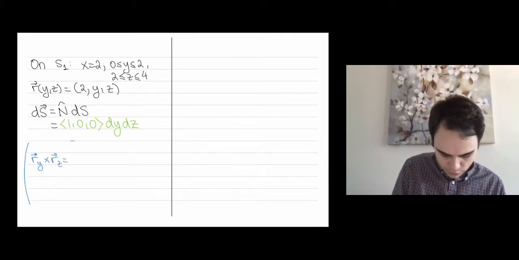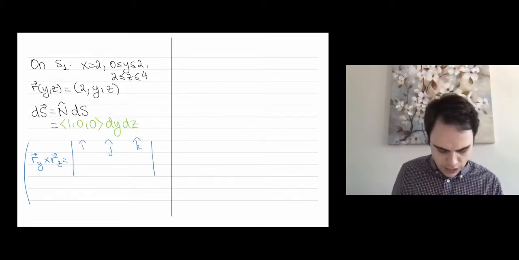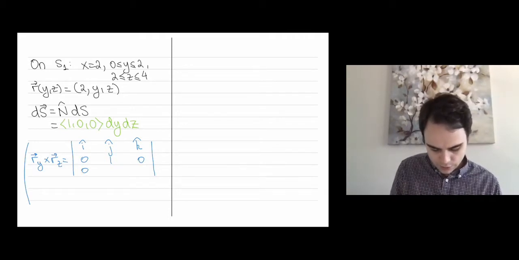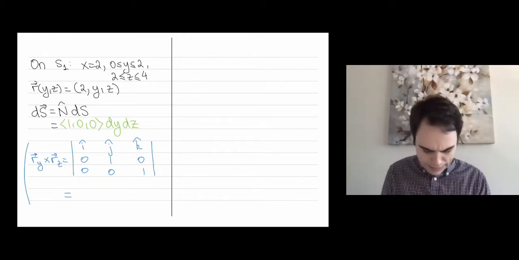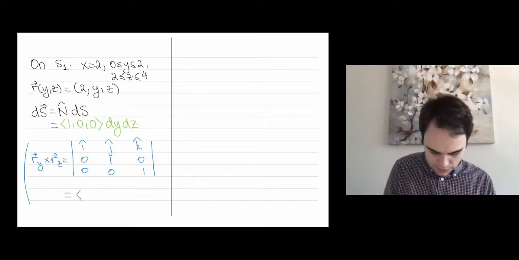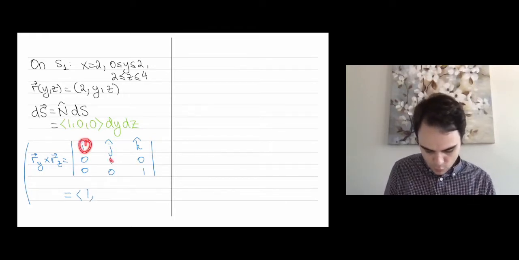And then if I did those two partials, in this case, we're looking at the determinant. So this cross product is i, j and k in the first row, then in the second row are the y partial of the parameterization, that's 0, 1, 0, and then the z partial of the parameterization, that's 0, 0, 1. If I work this out, I get i times 1, and then j times 0, and k times 0 again.